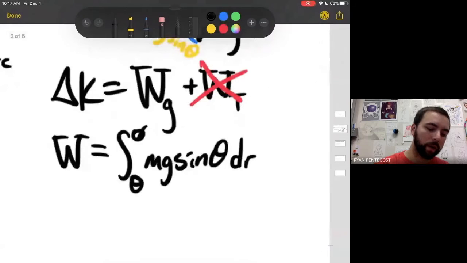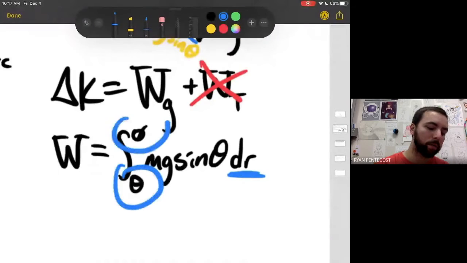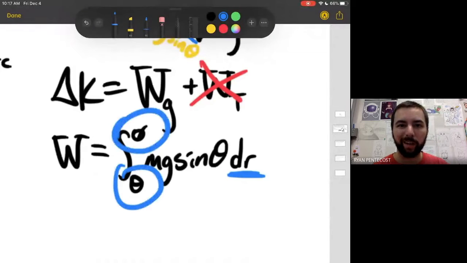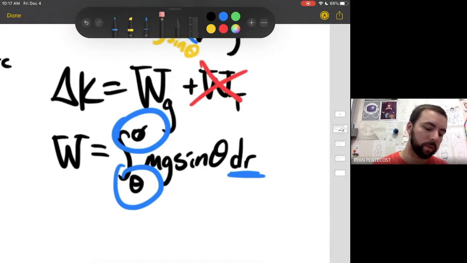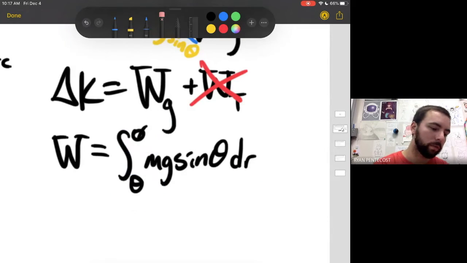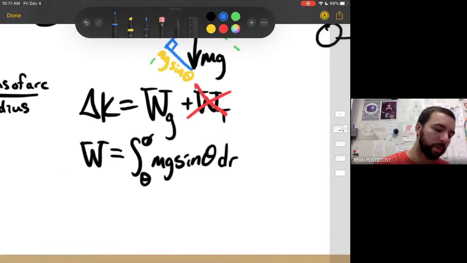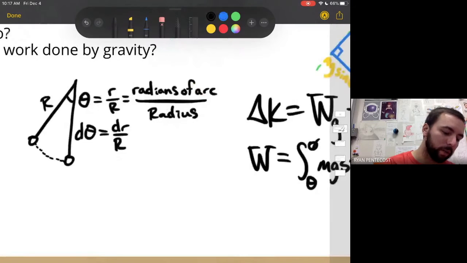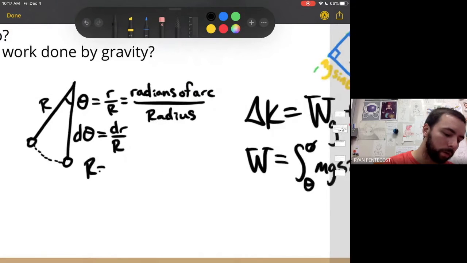We are integrating with respect to dr, but our bounds are with respect to theta. So what we need to do is solve for dr in terms of d theta. So let's move back over here. If we solve this for dr, we get R d theta equals dr.